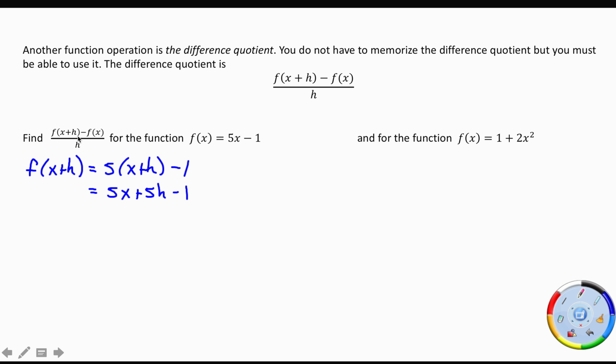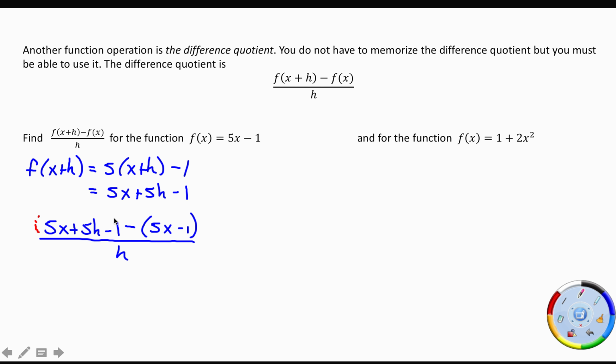Okay, so I need to put f of x plus h, which I have right here. So 5x plus 5h minus 1 minus f of x, and here's my f of x. So minus, again, be careful with that subtraction. I have to subtract the entire function, not just the first term. And then it's all over h, not f of h, just h. So there's the difference quotient, right?